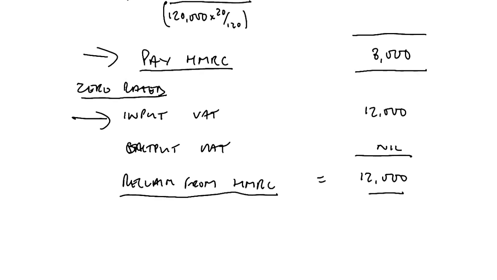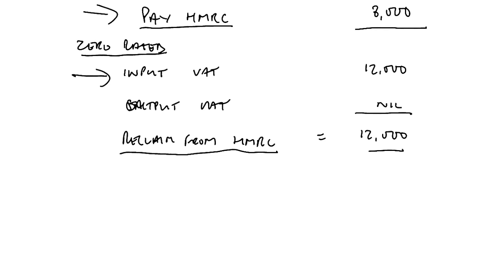If, on the other hand, we had made exempt supplies, then, although in terms of input tax we will still have suffered the £12,000 worth of VAT on our purchases and expenses, the input tax that we can recover will be nil. Our input tax recovered will be nil, because we can only recover VAT on our costs in relation to the taxable supplies, the sales that we make as a business.